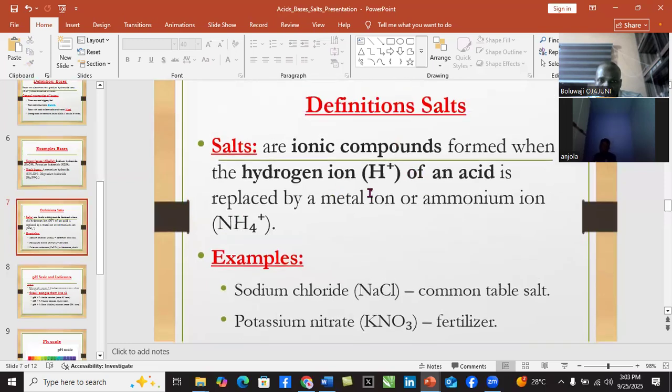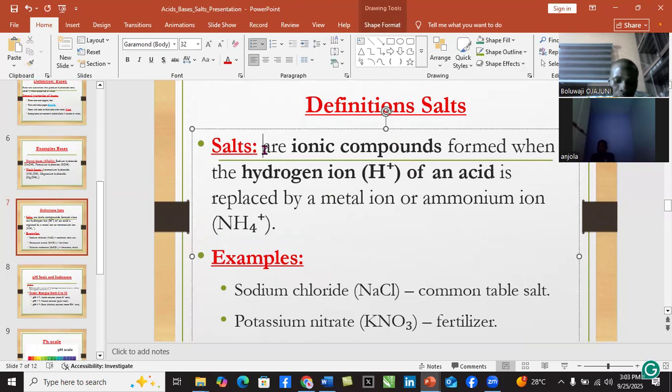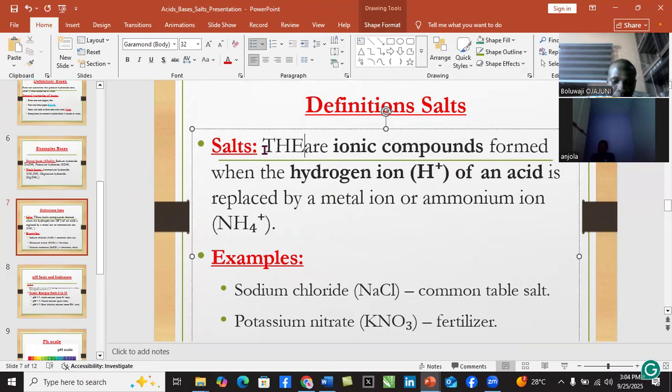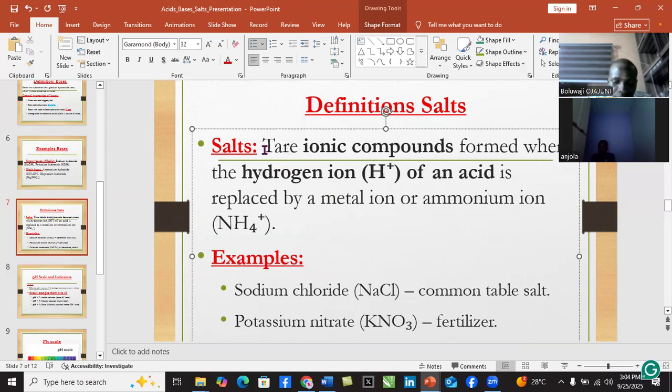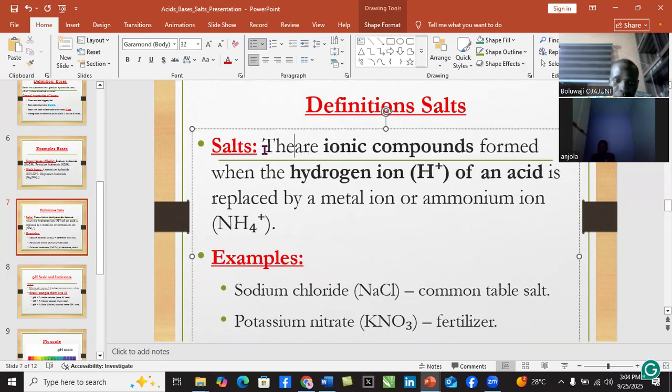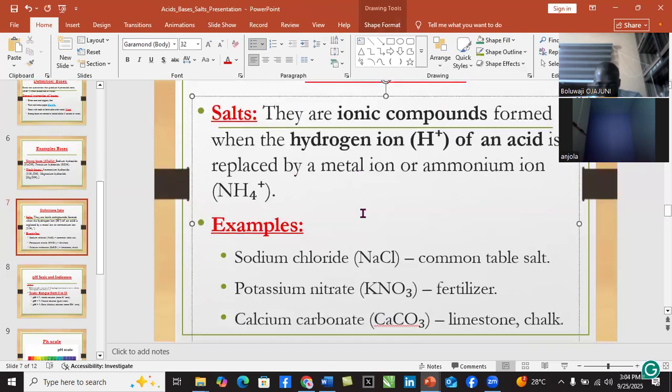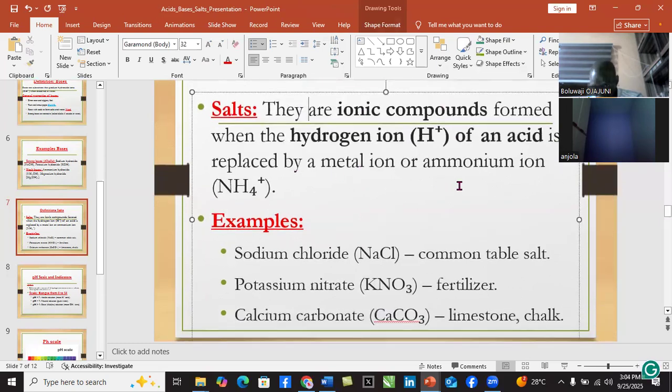Then we talk about salt. Like we have said earlier, they are ionic compounds formed when the hydrogen ion of an acid is replaced by a metal ion or ammonium ion.